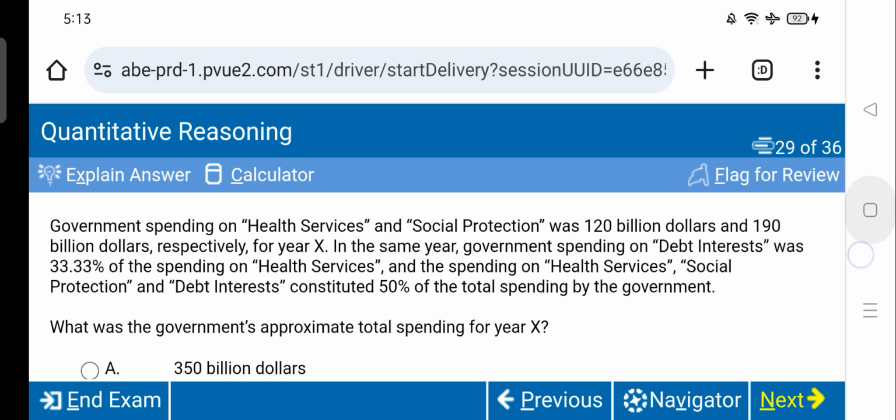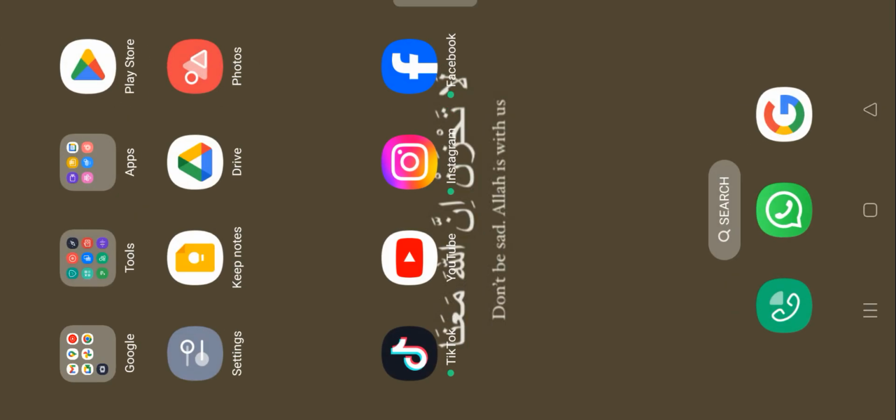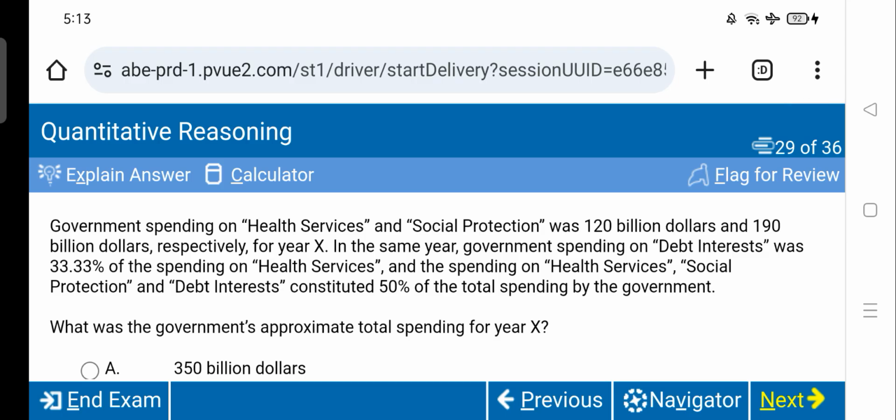And the spending on health services, social protection and debt interest constituted 50% of the total spending by the government.